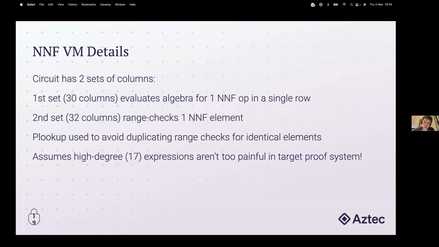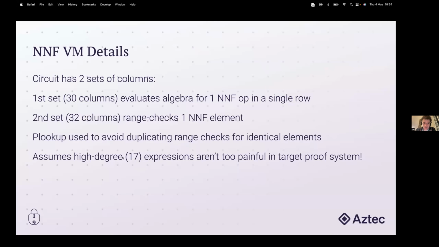The reason why you would want to do that is because that way you can get rid of duplicates, so that when you're doing your range checks, you're only range checking unique values and not duplicate values, which will reduce the complexity of the circuit, reduce the amount of work you're doing. So PLonK or another lookup table protocol to avoid duplicate range checks.